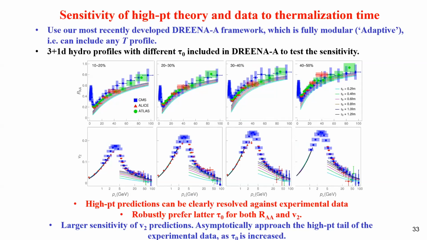But now if you go to high pT v2, if you have a difference in the thermalization times, I'm just trying to understand your view, so I'm soliciting it, of how high pT v2 comes about.